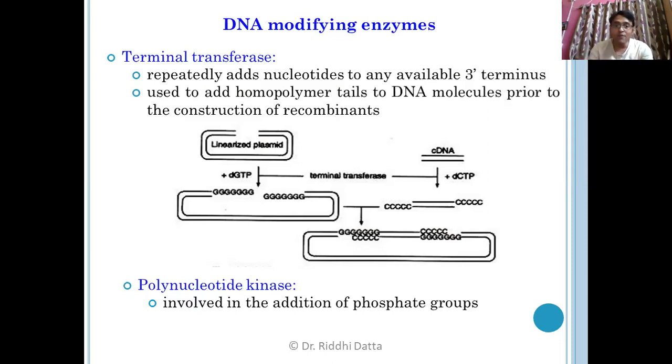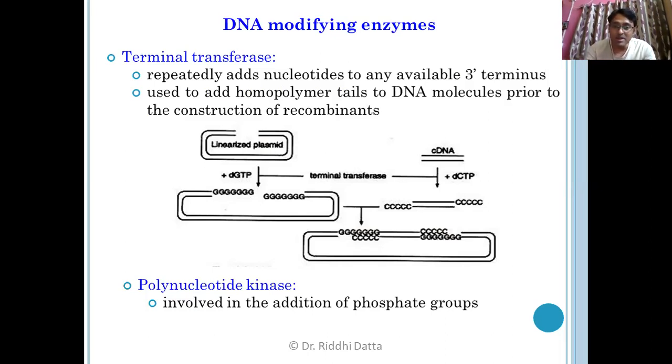Now, if we add poly G to the vector, then we should choose poly C for adding to the cDNA or the amplified product or my gene of interest. So poly C will be added to the 3' end of both strands of the cDNA or my gene of interest.